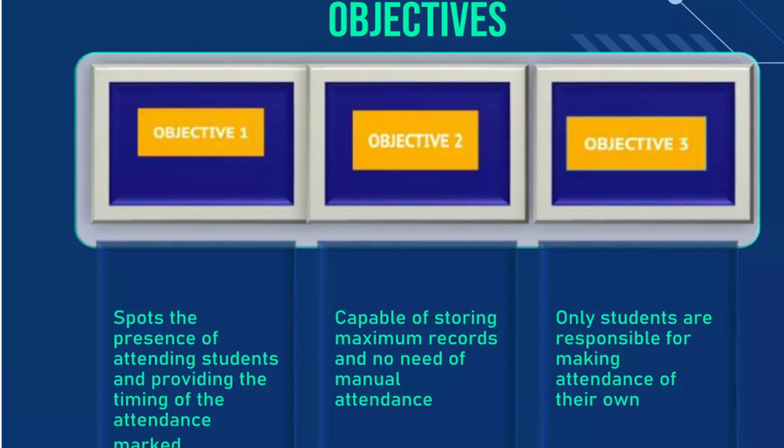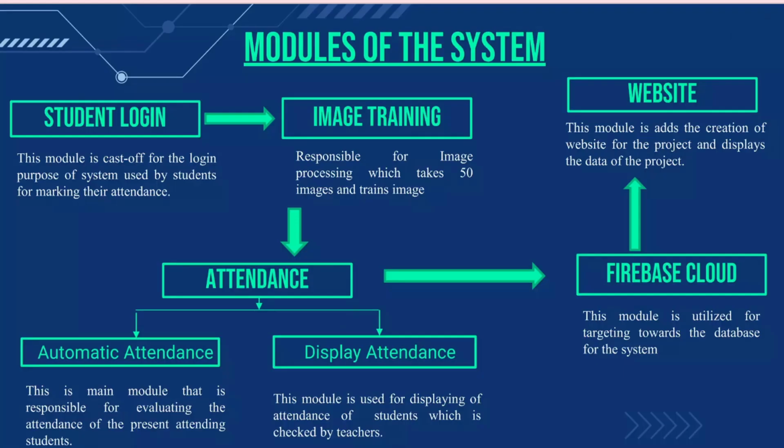And next we are speaking about the modules of the system, that is student login, image training, and after all this the students will be stored in the Firebase cloud.